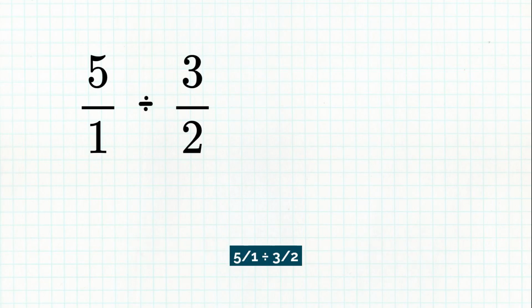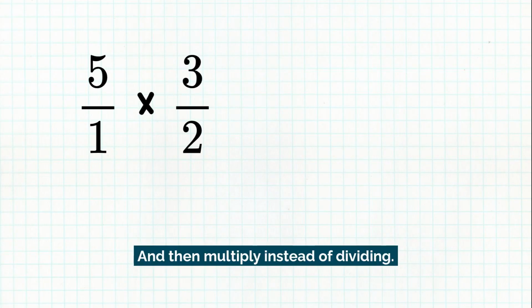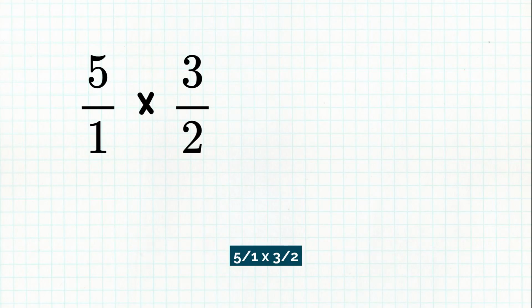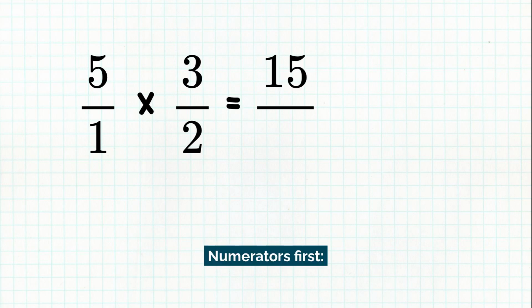5/1 divided by 3/2. And then multiply instead of dividing. 5/1 multiplied by 3/2. Numerators first. 5 times 3 is 15.